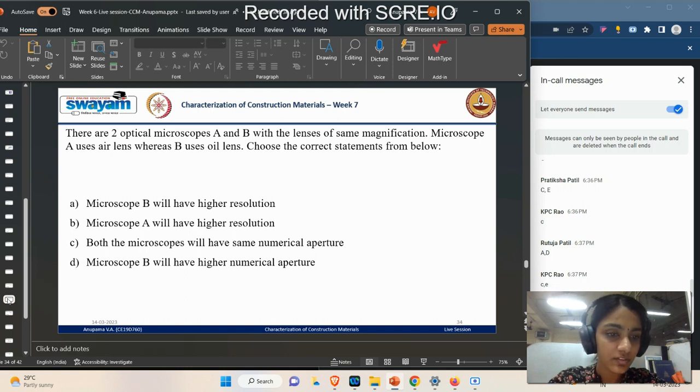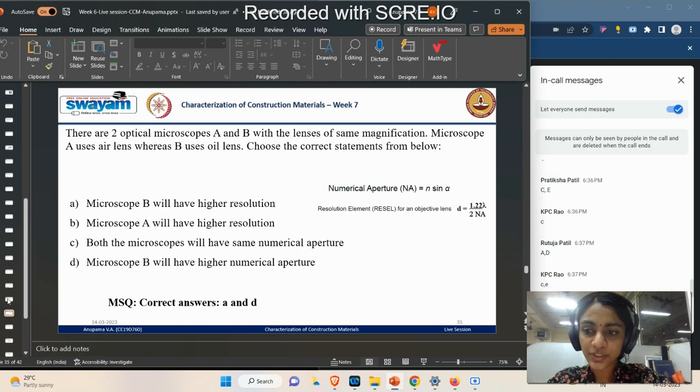No response yet. Okay, let's move to the discussion then. So the correct answers are option A and D. Why? Because here we are using the same lambda, everything. The only thing is numerical aperture changes.